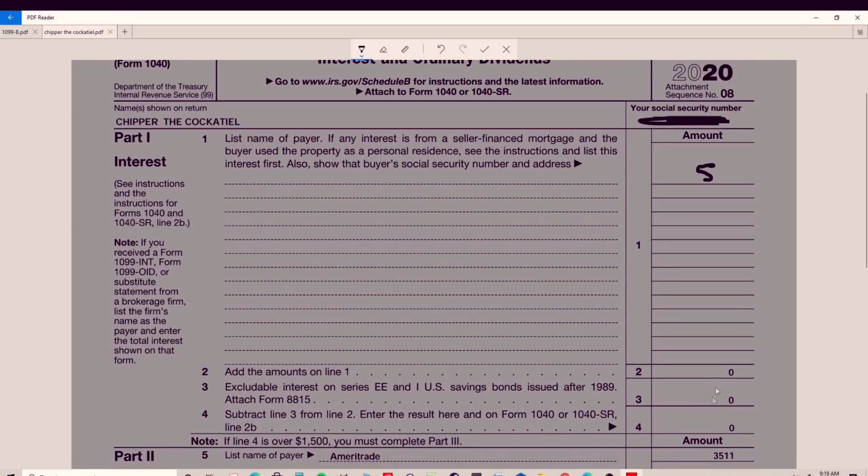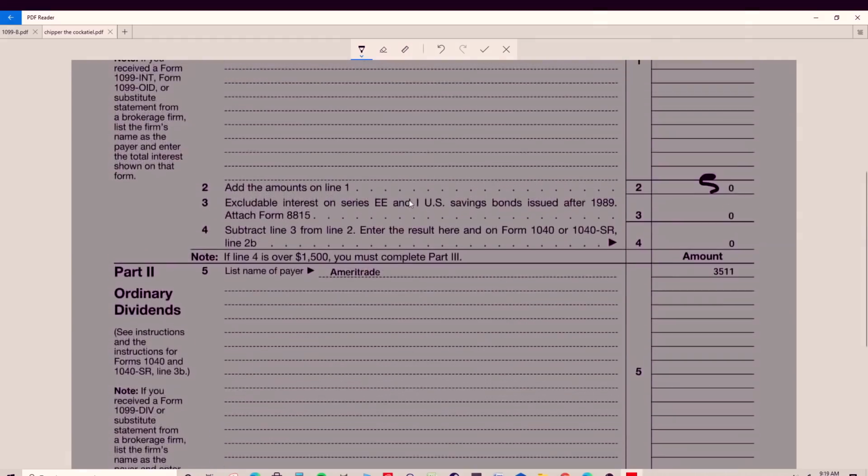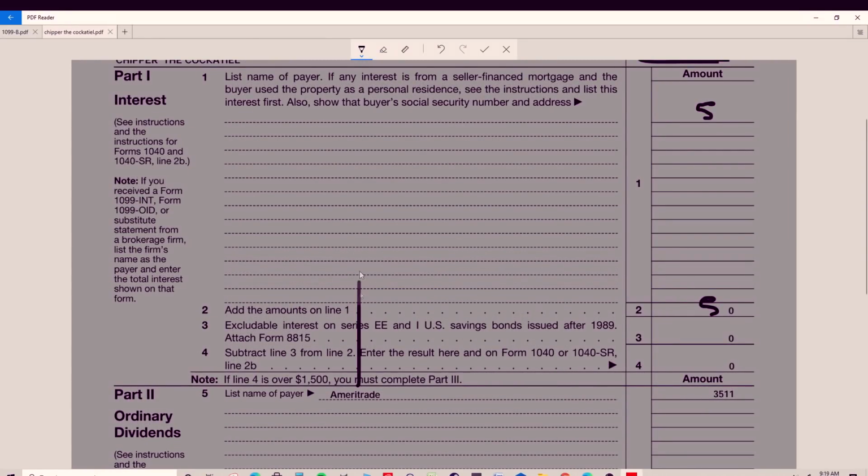So we would have $5 of total interest income. And just like we did down here, Ameritrade would also be listed up here. You would see Ameritrade here, and it would show the interest portion and the dividend portion. That's essentially how it works. It's not overly complex, but that's how you would report that.